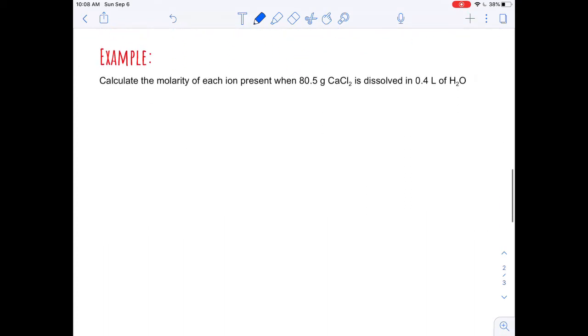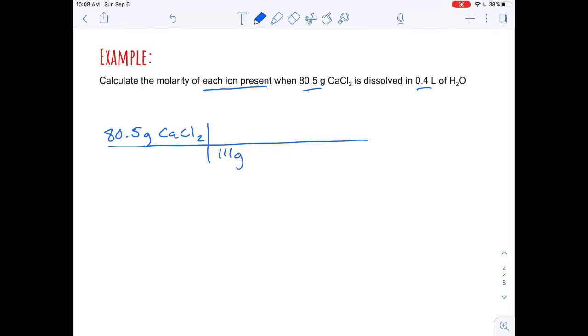Here's a different kind of problem. It says calculate the molarity of each ion present. So this will be new. Again, I have grams and I have liters. The liters are done, but I do need to get to moles from the grams, so let's do this part first. If you add up the calcium and the chlorine, it rounds to about 111.